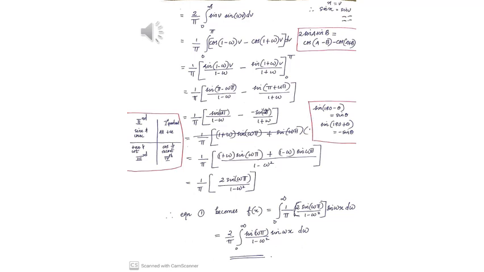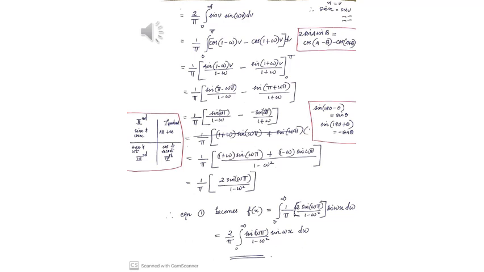And fourth, cos and secant. So from this we are getting sine of 180 minus theta is sine theta and sine of 180 plus theta is minus sine theta. Similarly, pi is 180. So sine of pi minus omega pi becomes sine omega pi in the fifth step, divided by 1 minus omega, and minus sine of pi plus omega pi is minus of minus sine omega pi, divided by 1 plus omega.